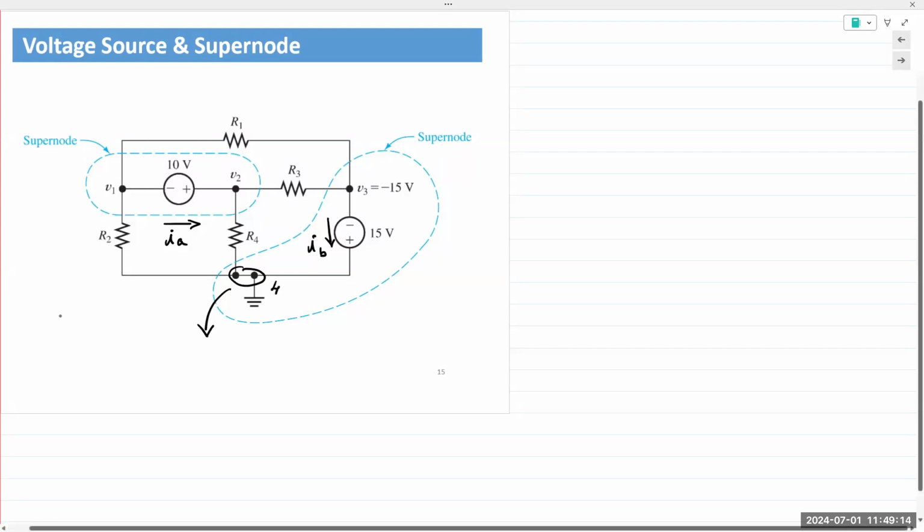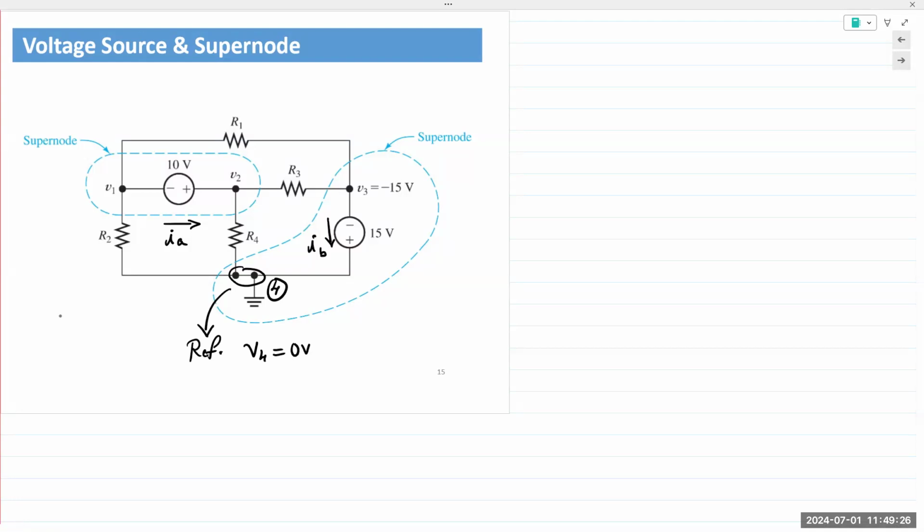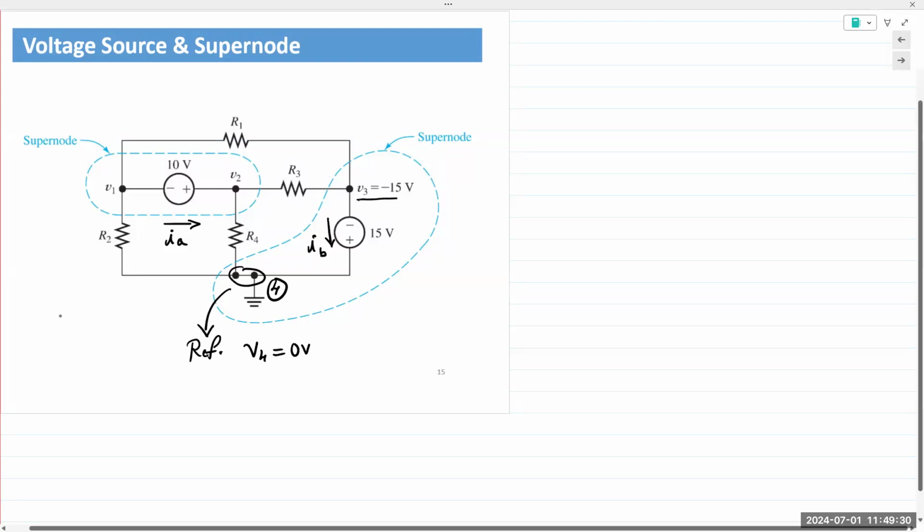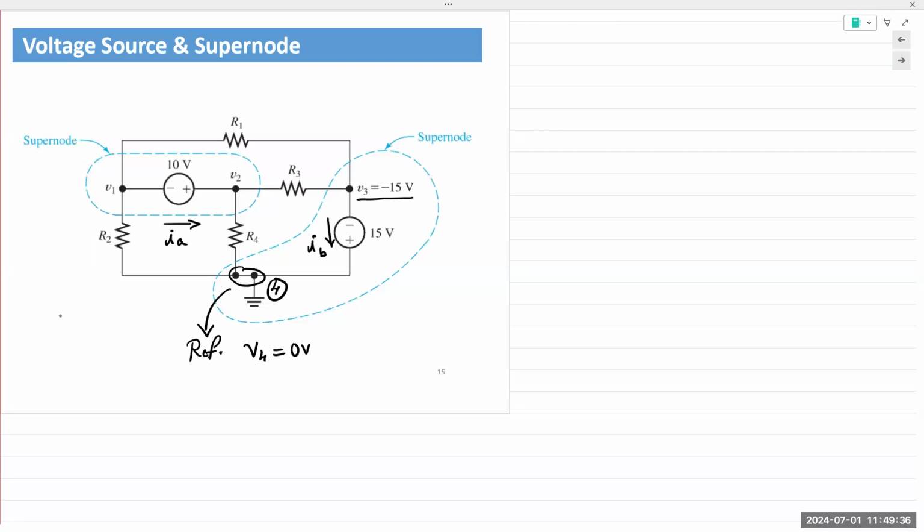So this, let's call this 4. This is the reference, so V4 is equal to 0 volts. Now we have currents IA and IB going through it. If V4 is 0 volts because it's the reference, then V3 is automatically minus 15 in this case. We cannot have more than one reference node for the same analysis.